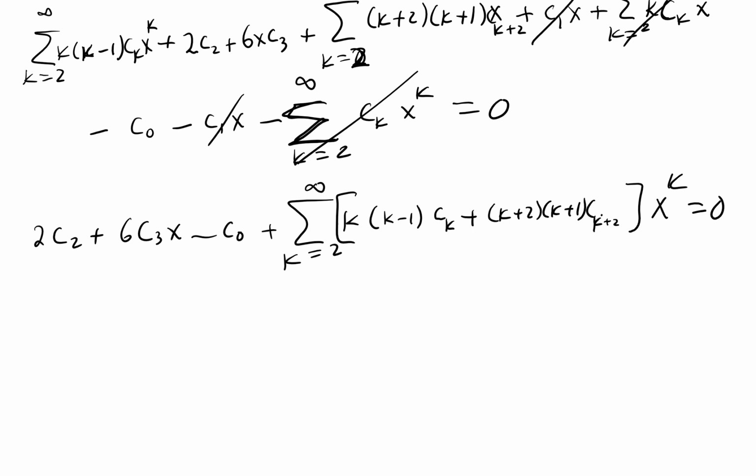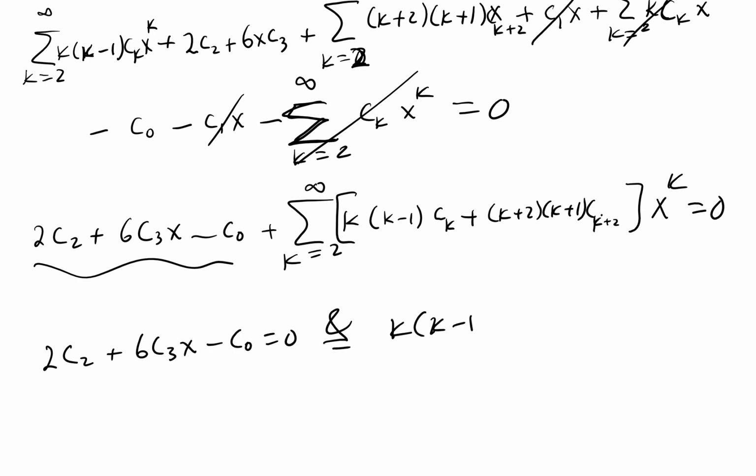Now in order for this to be 0, you have to have this part is 0, and k times k minus 1 c_k plus k plus 1 k plus 2 c sub k plus 2 equals 0.